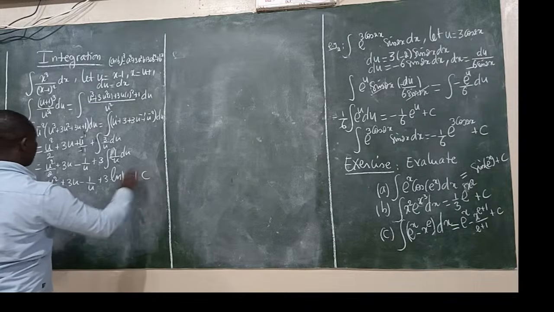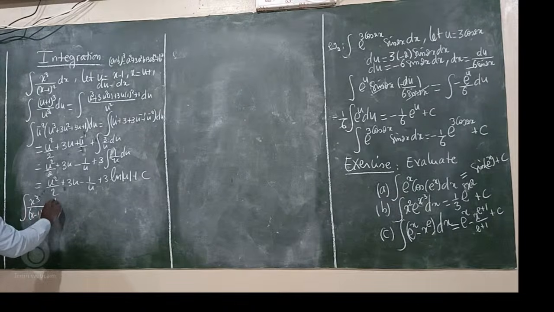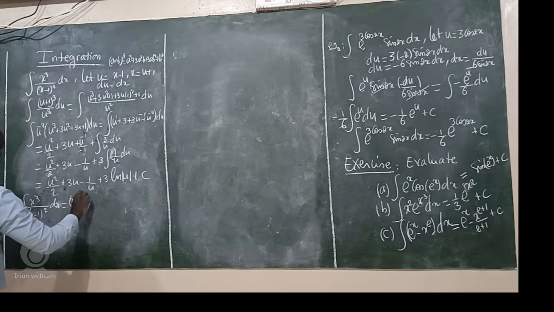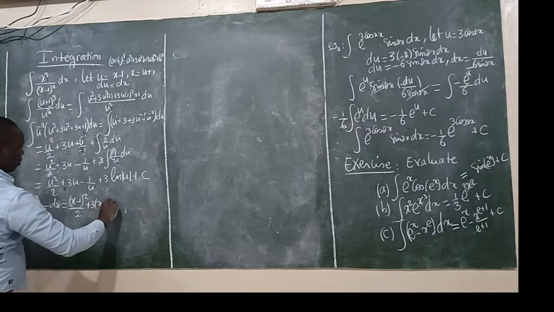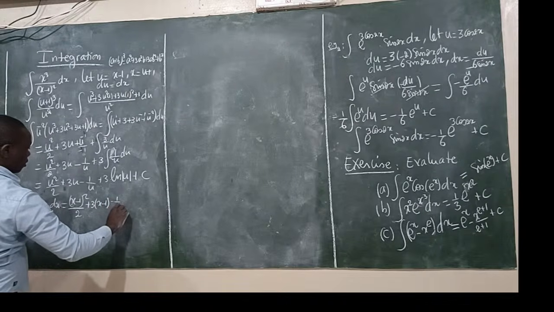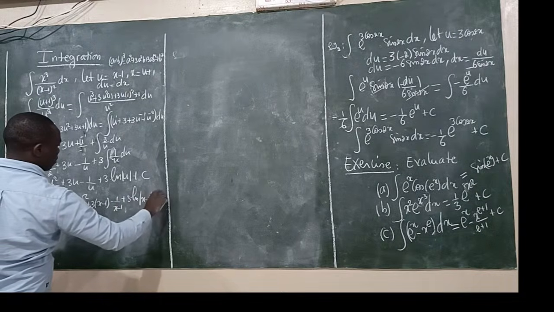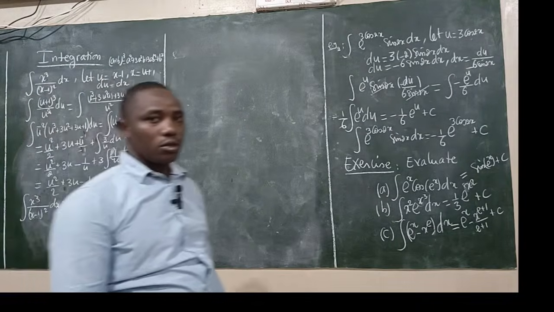So, for the given integral x^3 over (x minus 1)^2 dx, we are going to replace u by x minus 1. This is (x minus 1)^2 over 2 plus 3 into (x minus 1) minus 1 over (x minus 1) plus 3 into ln of (x minus 1) plus the constant of integration. That's how it is.